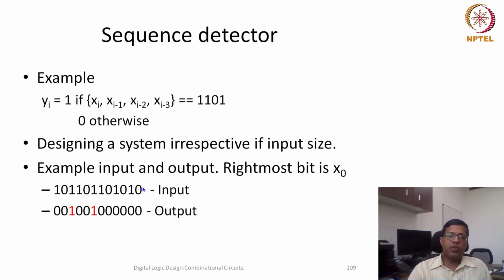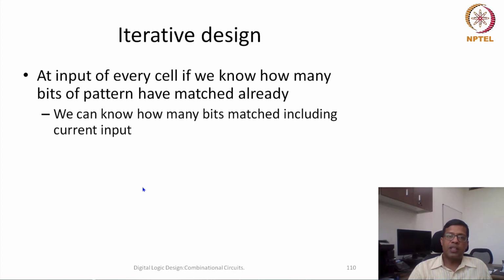Basically I have to create a cell, and somehow identify how many bits of the pattern have already matched. If the input to this cell is how many bits of the pattern have matched already, then considering the current input, the output would be how many bits have matched including this current input.